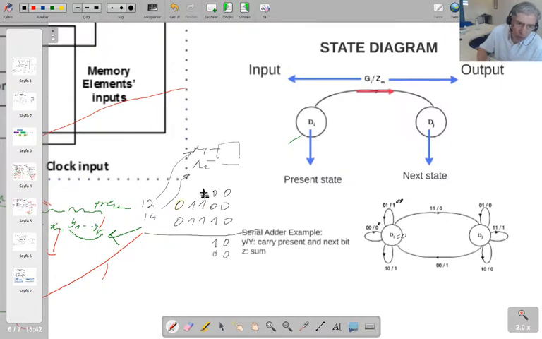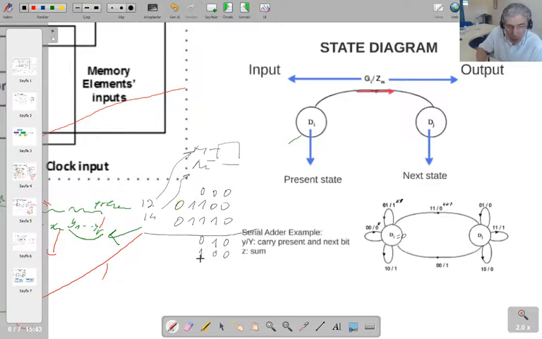My next state is 0. So this becomes present state for the next bits to come. So in the 0 state, if you apply 1, 1, what you're going to observe at the output is this third one. Okay, when you add them up, sum is 0 and carry is 1.